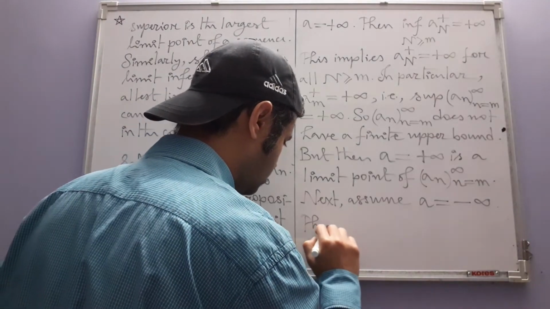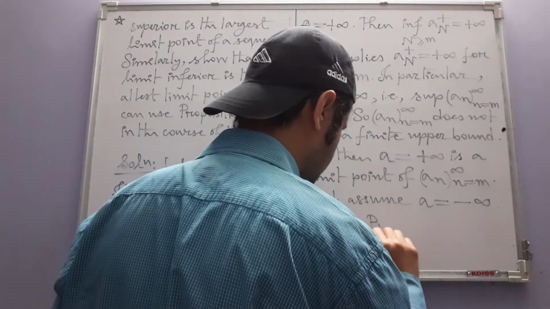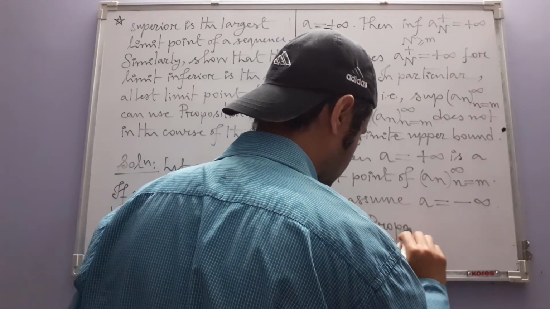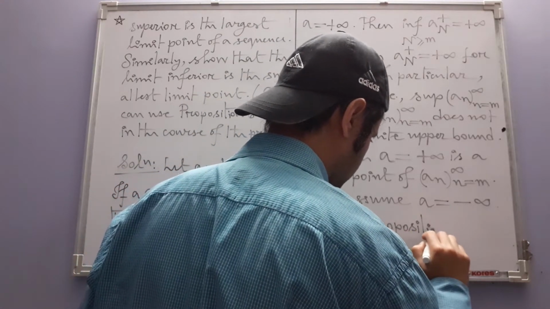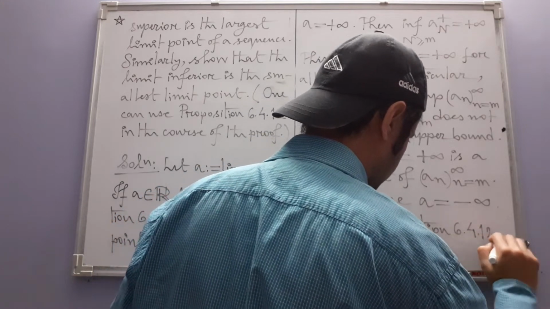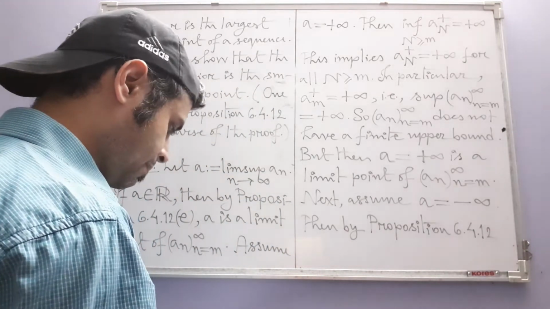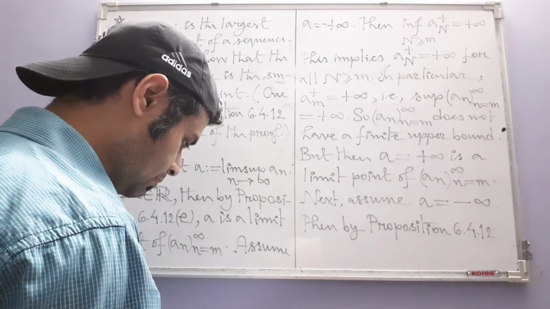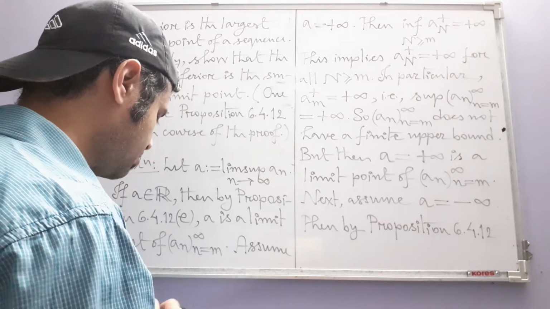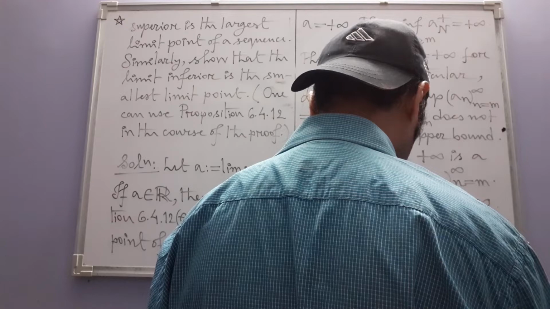Then by proposition 6.4.12, I never seem to be able to remember these parts. I mean, which part is which one?